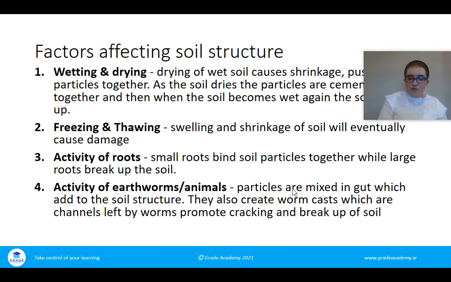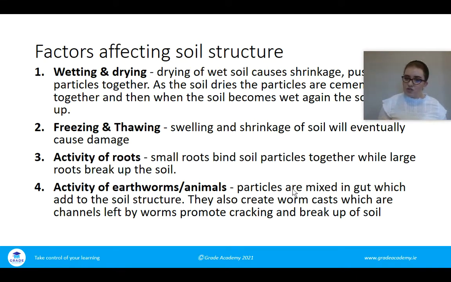The activity of earthworms and animals. Animals, I'm talking about your main farm animals, like sheep and cattle, but your smaller animals would be insects and earthworms. They are going to break up the soil. Earthworms are really important in relation to the structure of the soil, because they will put channels through the soil.